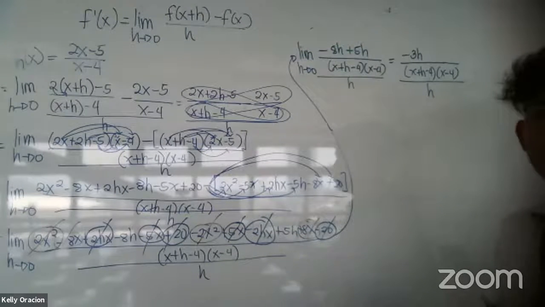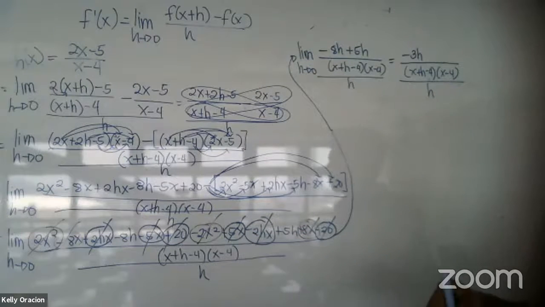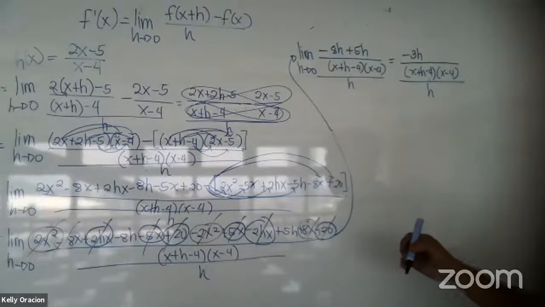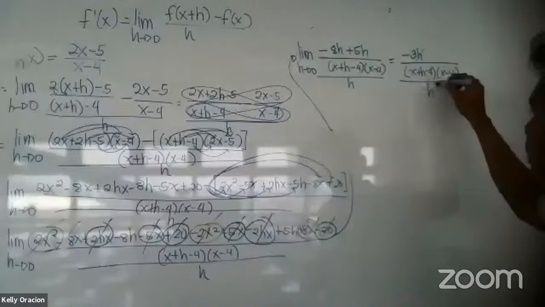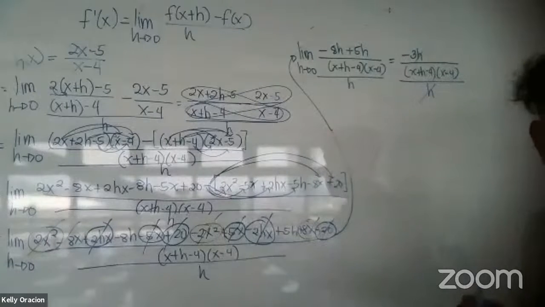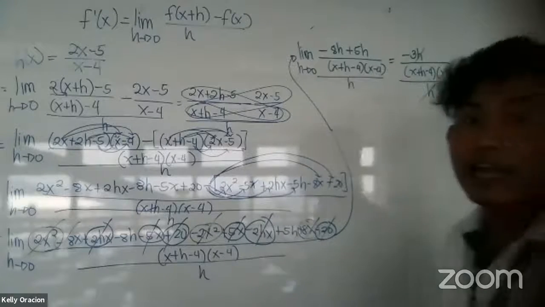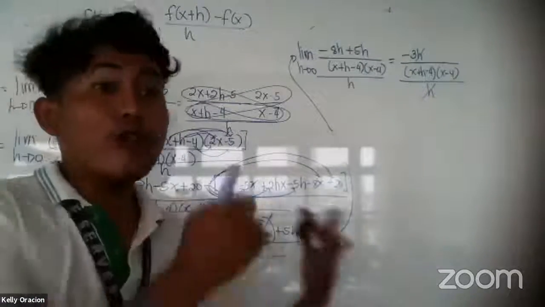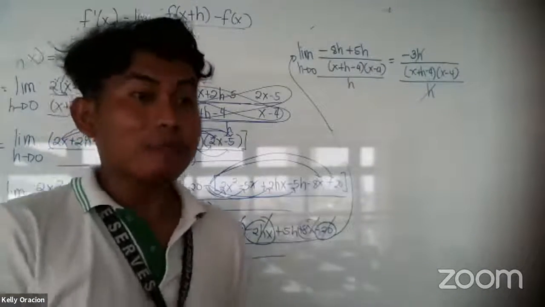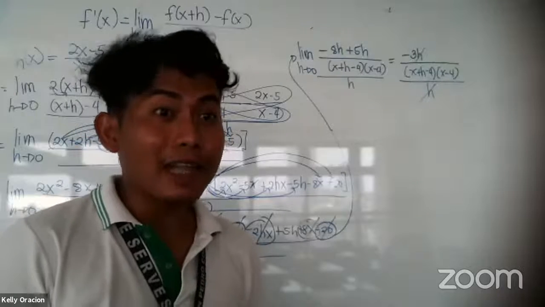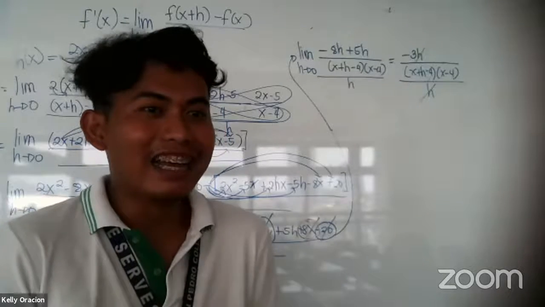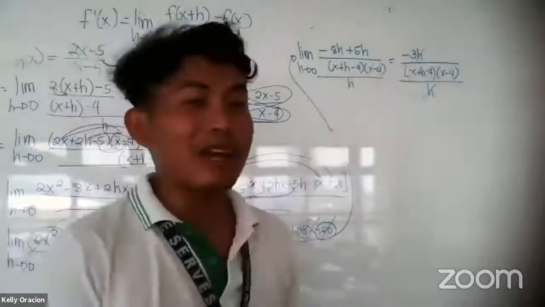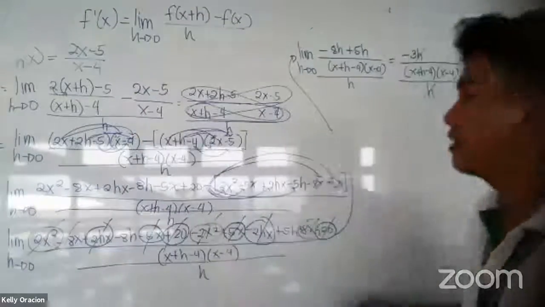And based on the method of solving division, the h cancels. If you solve it manually, it still cancels.